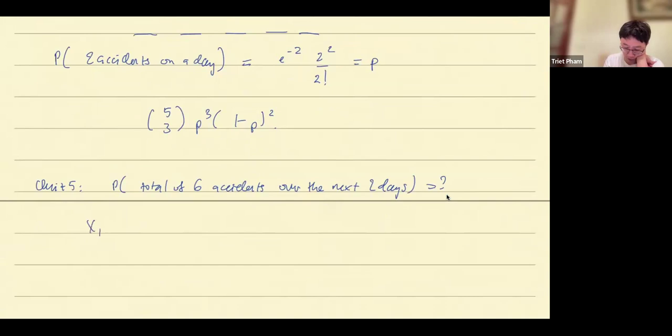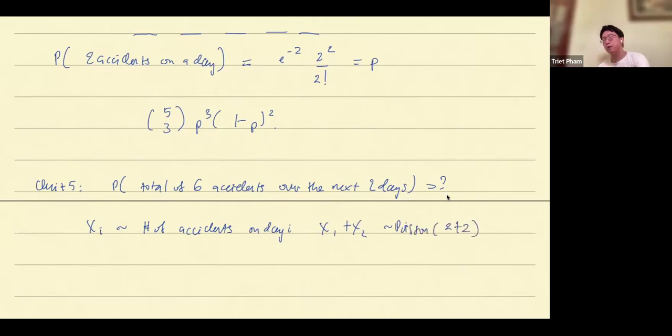let Xi be the number of accidents on day i. Then X1 plus X2, being independent Poissons, will be Poisson 2 plus 2, which is Poisson 4. So therefore, they ask for 6 accidents.